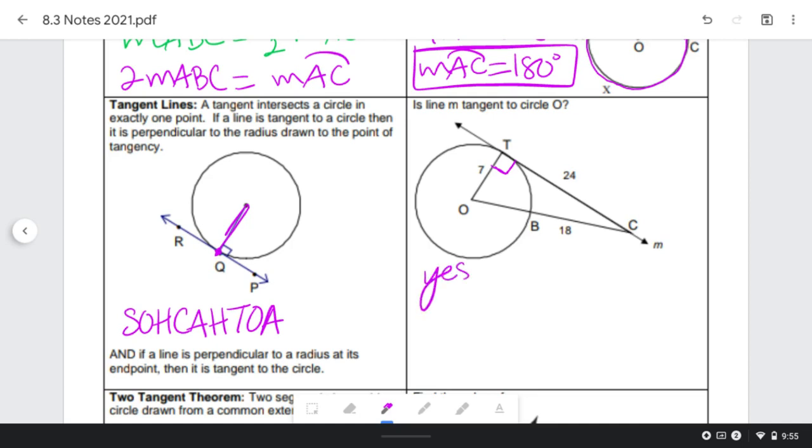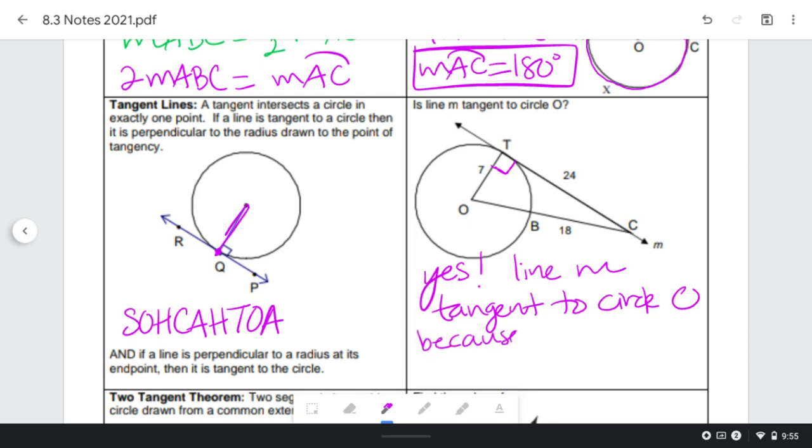So yes, line M is tangent to circle O, because it only intersects at one point. And that's why it's 90 degrees.